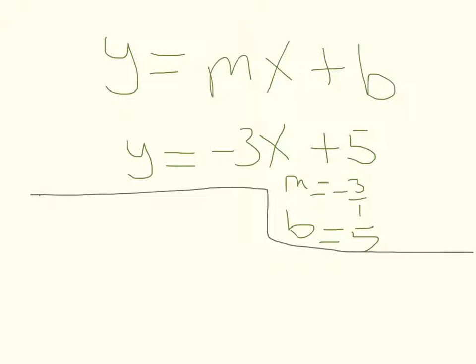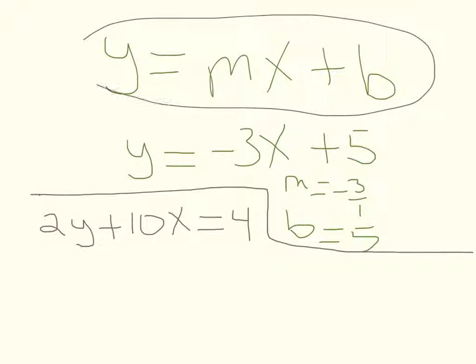Now, one last thing we must know, and that is this. Let's say that they give you an equation that looks like this. Well, in this case, we would not be able to identify the y-intercept or the slope until y is by itself. You need to put your equation in y equals format. That's when you can identify the slope and the y-intercept.